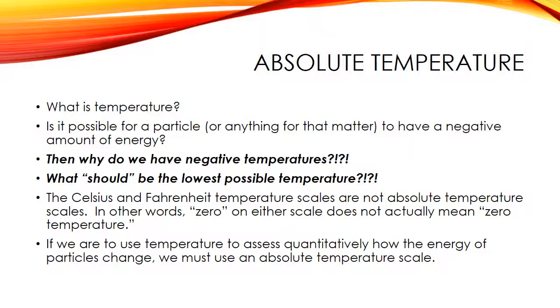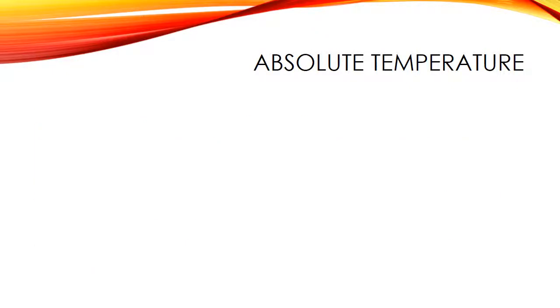This is what we would call an absolute scale, and we need this if we want to quantitatively assess. In other words, if we want to use a temperature scale that would actually relate to the amount of energy that is in a substance, we need to use an absolute temperature scale. This scale that we use is known as the Kelvin scale. It is an absolute scale.